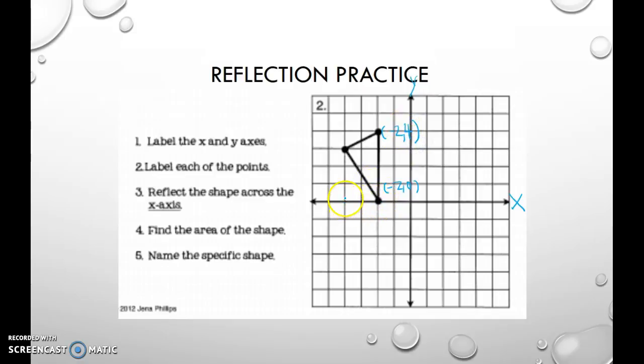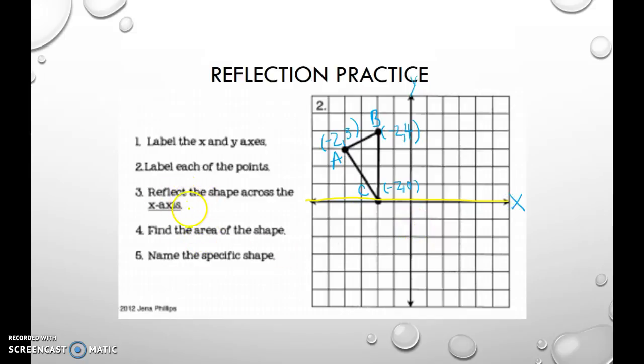And back here we are at -2, 3. And again, let's call these A, B, and C. Next, we're told we are going to reflect again across the x-axis. You'll see the other two are across y for your practice problems, so be careful to make sure you're looking at the right line.